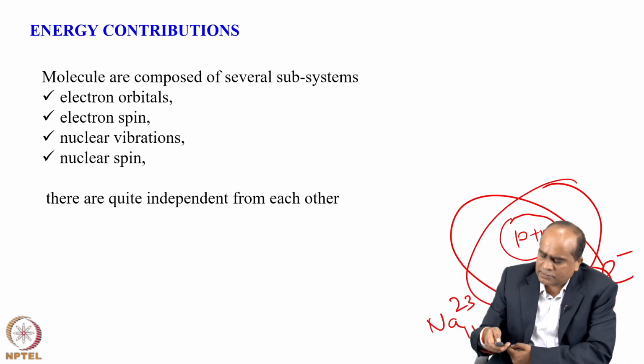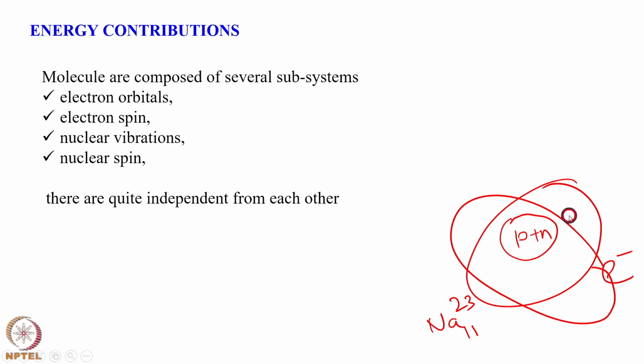Then in the nucleus, the protons and neutrons, let us call them collectively nucleons, are also distributed in different orbitals, which are nuclear orbitals, while these are electronic orbitals. So what kinds of spins and orbitals do we have? First the electronic orbital, then electronic spin, nuclear orbitals and nuclear spins. We have all of that in any atom, and that is the crux of all spectroscopy that we see here.